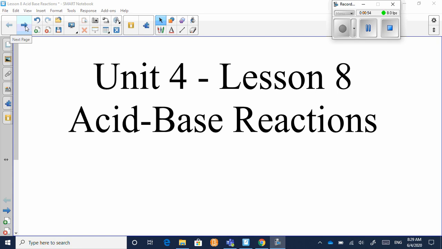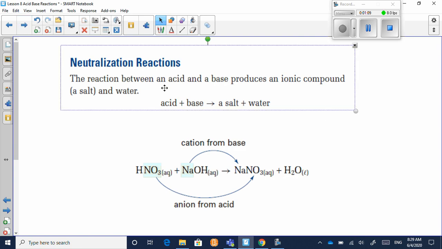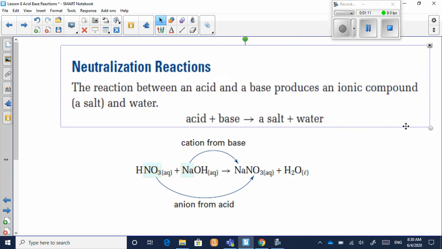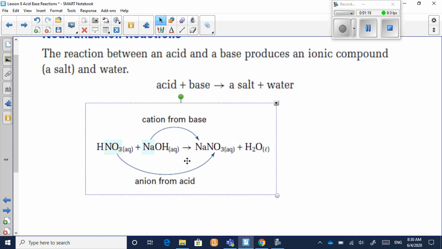All right, so whenever an acid and a base combine, it's called a neutralization reaction. And a neutralization reaction follows a very typical pattern: it produces a salt plus water. Now, again, we know that a salt doesn't necessarily just mean NaCl.